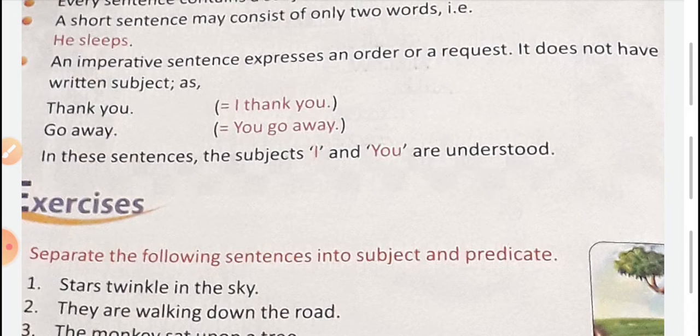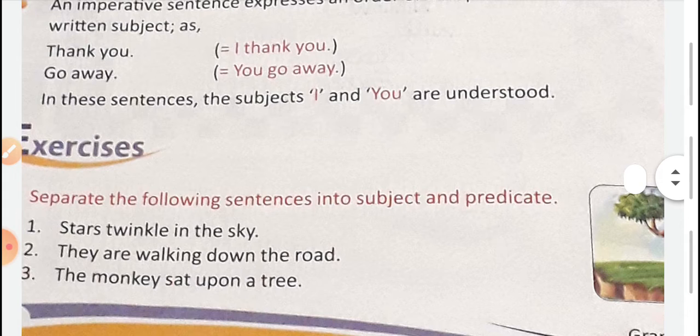These are the examples for imperative sentences. Thank you: here, I thank you, I is the subject. Go away: you go away. In these sentences the subjects I and you are understood.